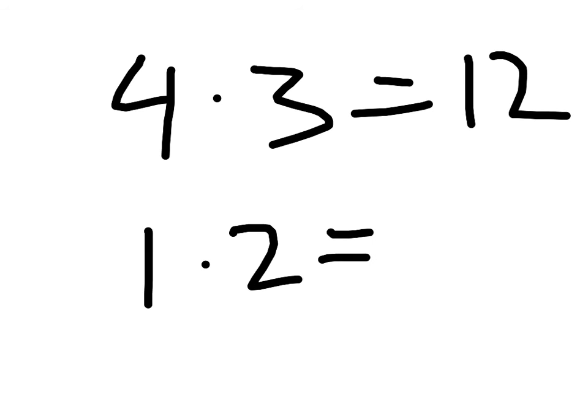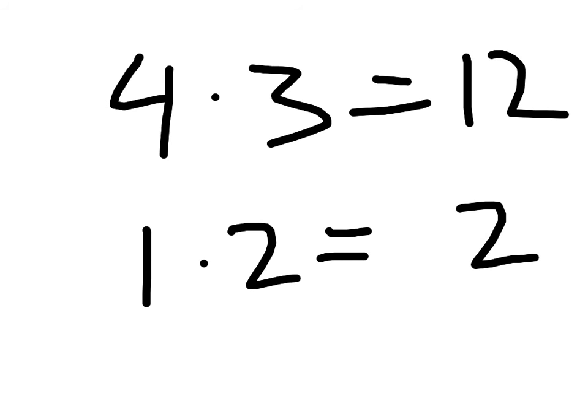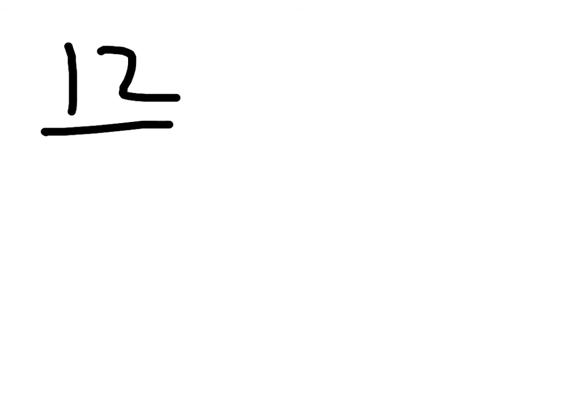4 times 3 equals 12, and 1 times 2 equals 2. And now all we need to do is add a line to divide the numerator by the denominator, and that is your answer. 12 over 2 is an improper fraction.